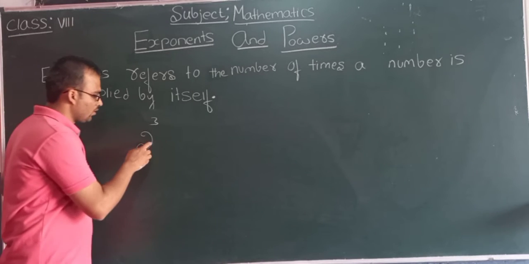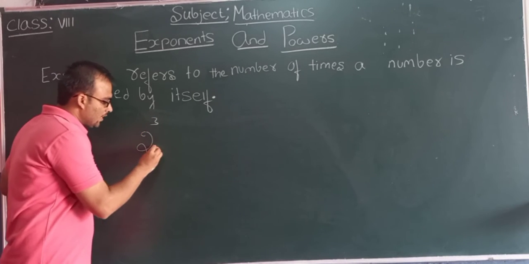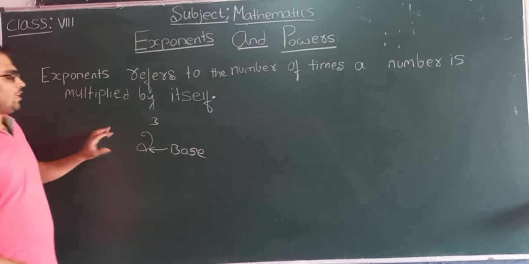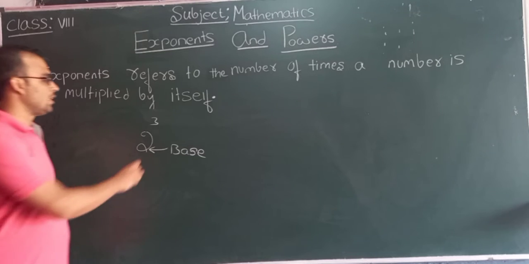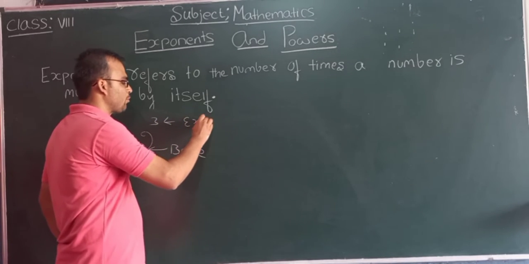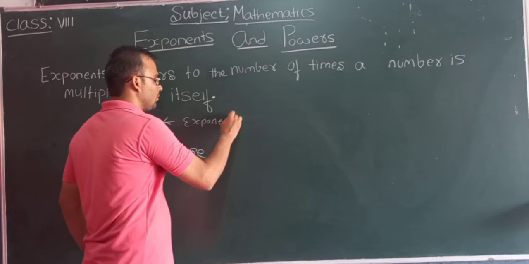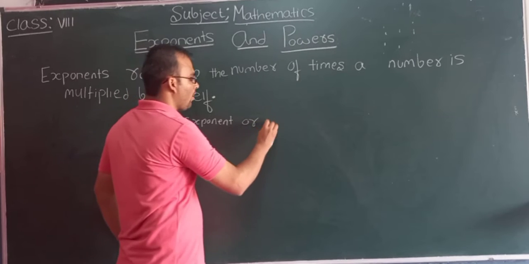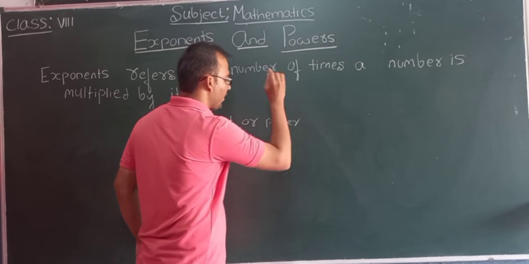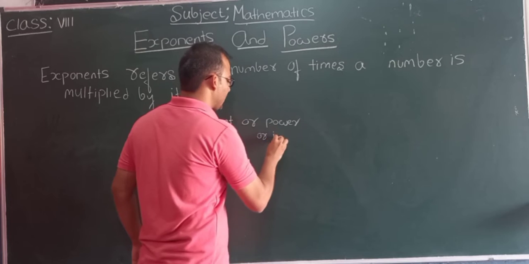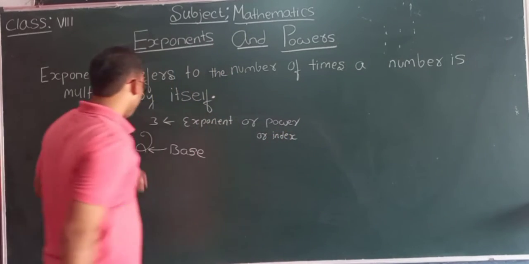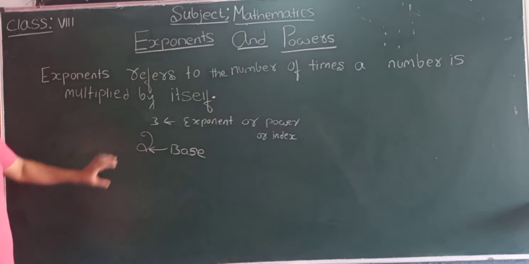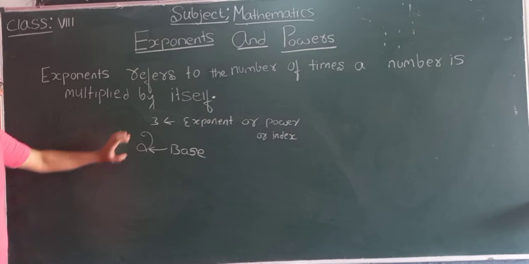So in 2 to the power 3, this 2 is called the base, and this 3 is called the exponent. You can call this 3 the exponent, or the power, or the index. You can call this upper part exponent, power or index, whereas this lower part is nothing but the base.